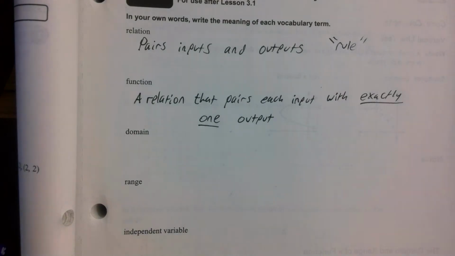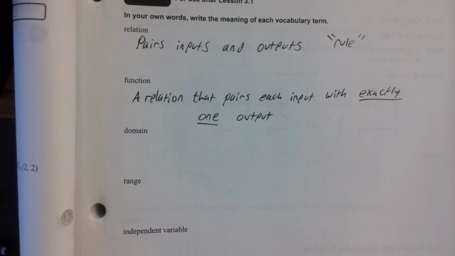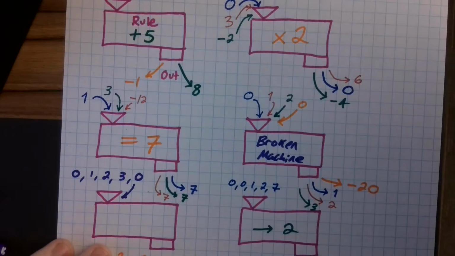In other words, if I plug in a 2, I should get the same thing out every single time. If my function is that we're adding 1 every time we plug something in, if I plug in a 2, I get a 3. If I plug in another 2, I still get 3. If I plug in another 2, I still get 3. A function is a function machine that works.